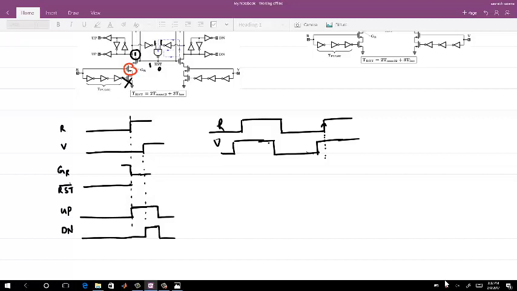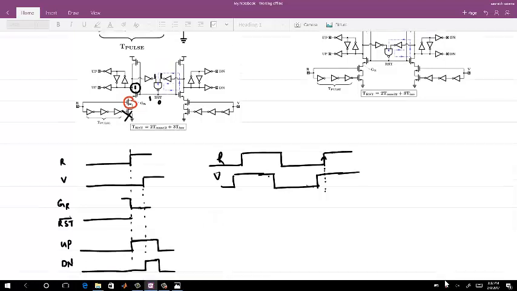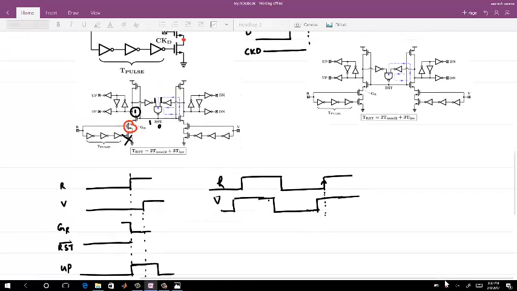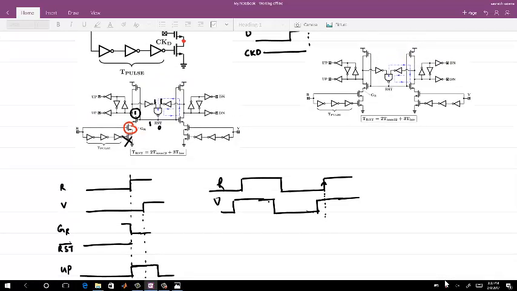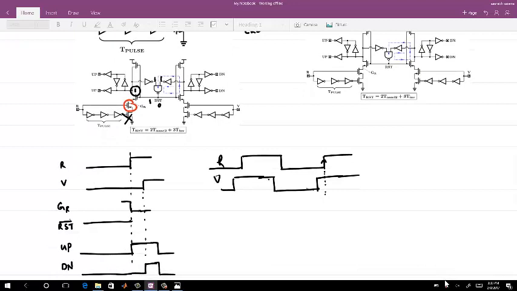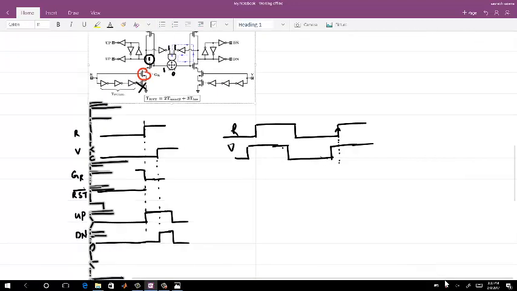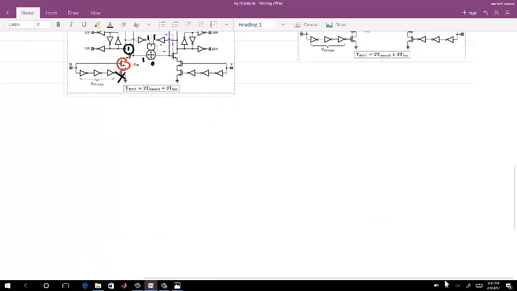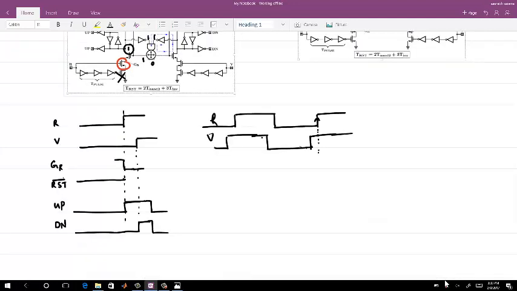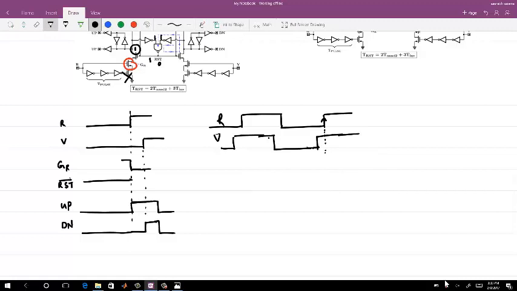Okay, so is everything right so far? Now the thing is that this goes slow till the time you are having this T pulse period. So let me pick up another.